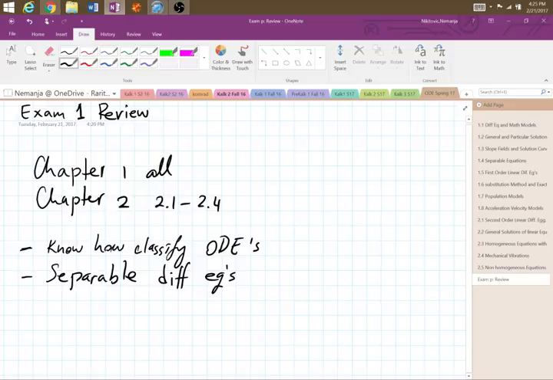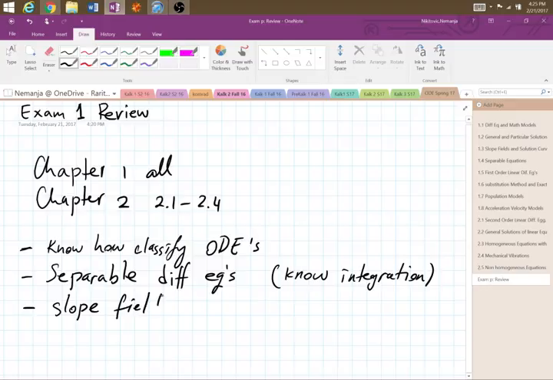All right, great. So separable differential equations, I'm just going to say over here, no trig sub integration. Awesome. We have our slope fields. Right, so draw the slope field, and solution curves.